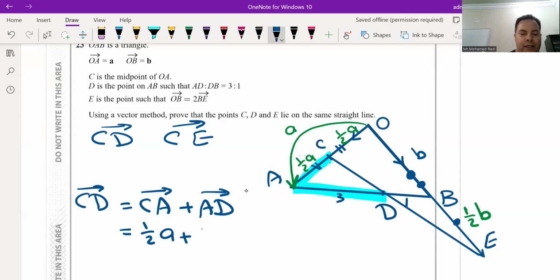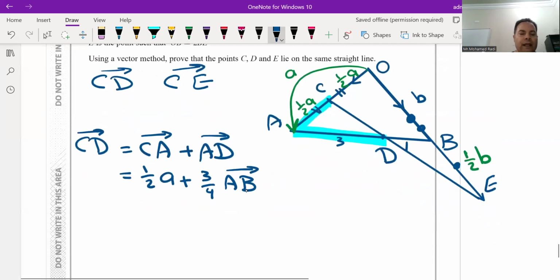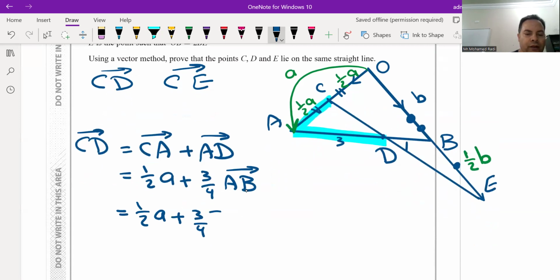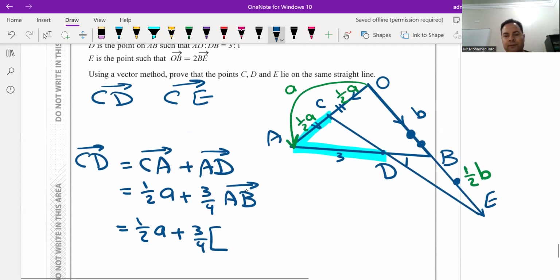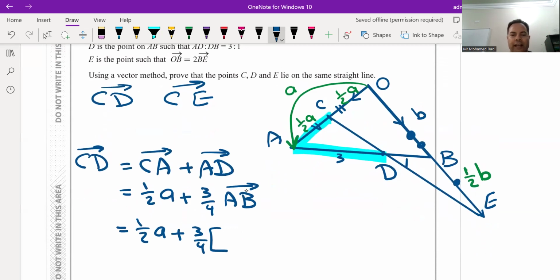AD is 3/4 of AB. Now, half of a plus 3/4 of AB, where the vector AB is minus a plus b.